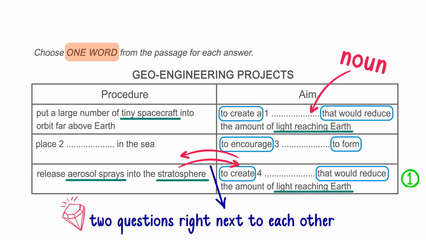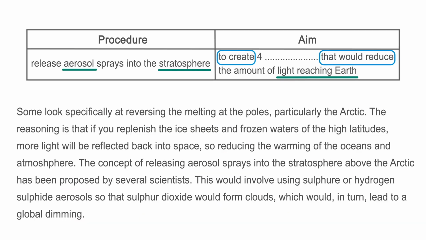All right. Now it's time to start answering question number four because we do have two very easy keywords in it. The only thing that we're going to do here is to find aerosol spray and stratosphere. Reading the text, I came across these two words in this paragraph, in line 4.